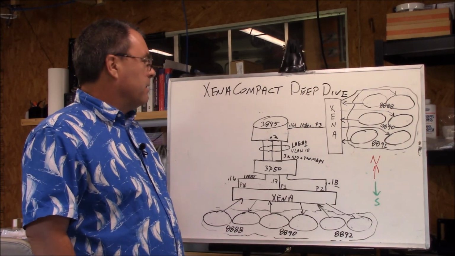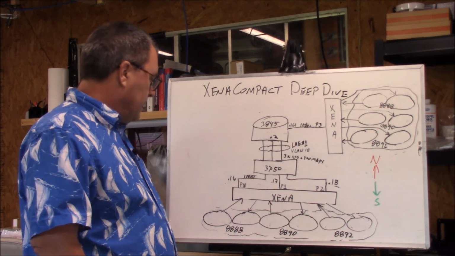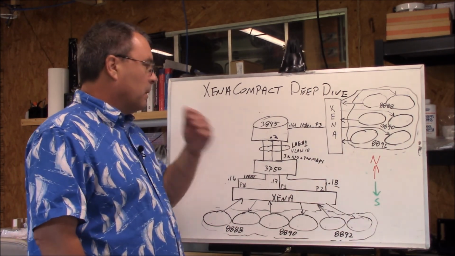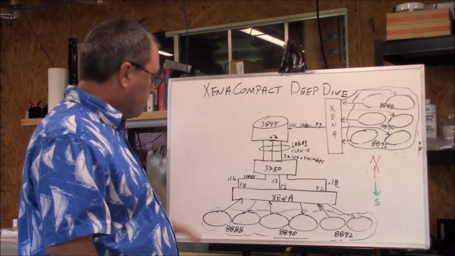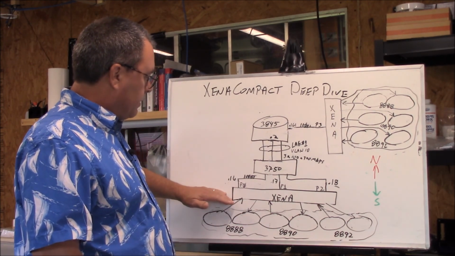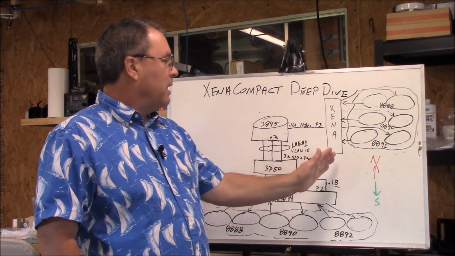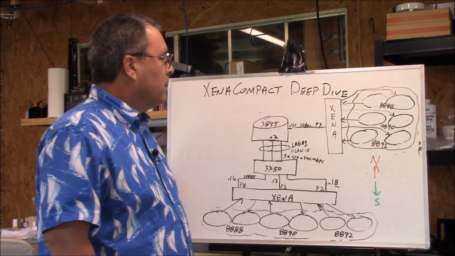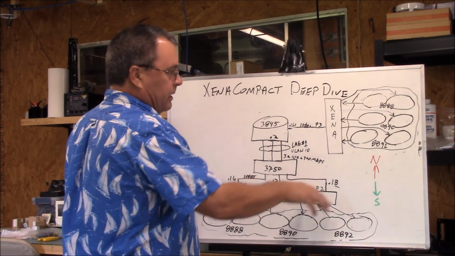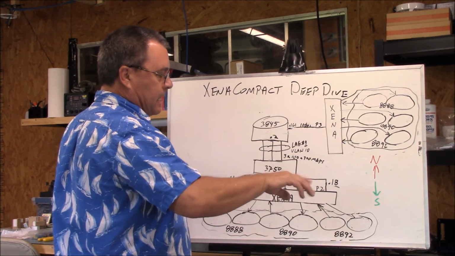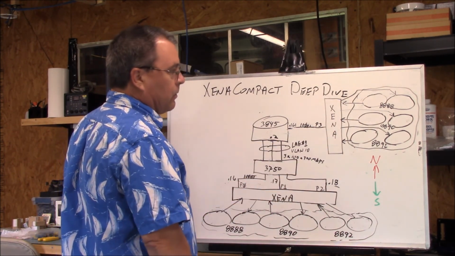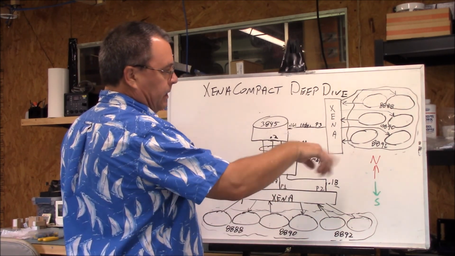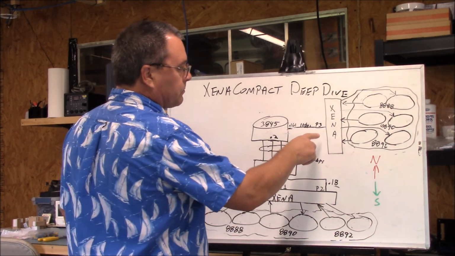Okay, so I've updated our drawing and I hope it makes sense. We'll go over it a little bit here. I've replaced the MX2s and the Zotac with the Xena box. I know it's drawn as two separate boxes, but it's actually the same test equipment. I just split it up to make it easier to draw.